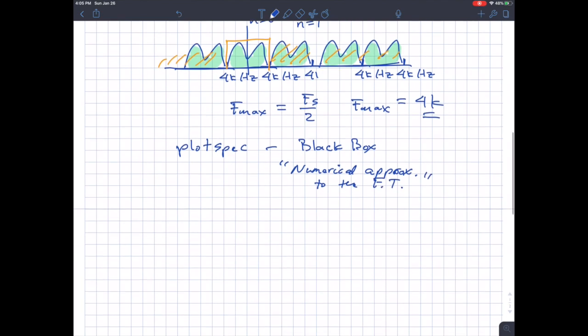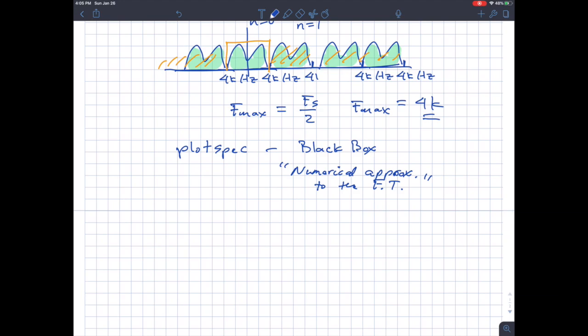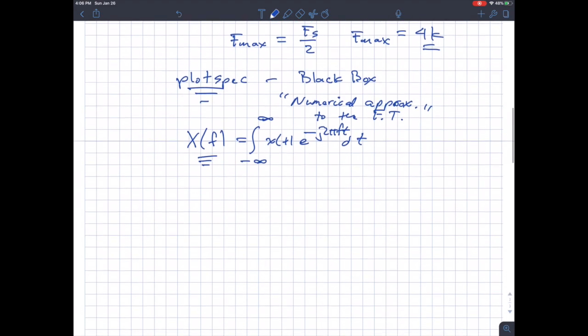Okay, so with the Fourier transform, you integrate from minus infinity to infinity across all time of the original signal to get x of f. All right, there's no breaking up the signal into pieces and taking the Fourier transform of little pieces. You do the whole thing all at once. Okay, so that's what we're going to see coming out of plot spec.